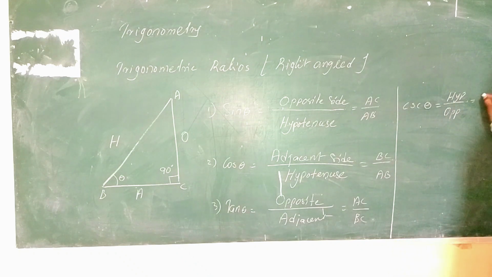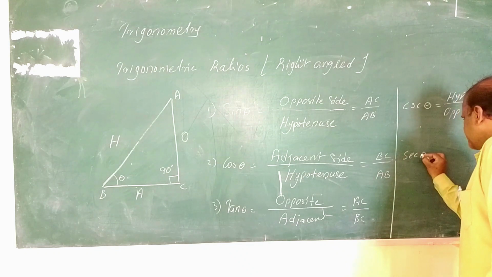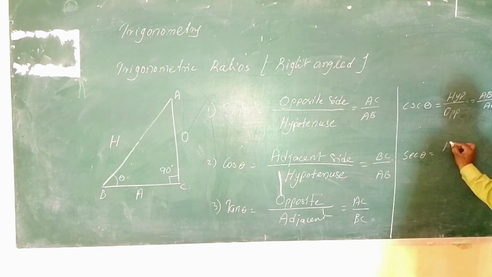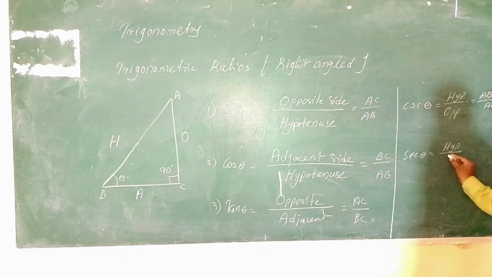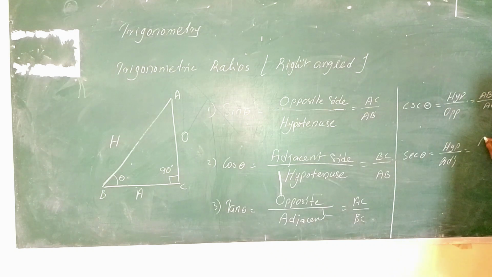That is AB by AC. Similarly, we have secant, sec theta, which is the reciprocal ratio of cos, hypotenuse divided by adjacent. You can write this as AB by BC.